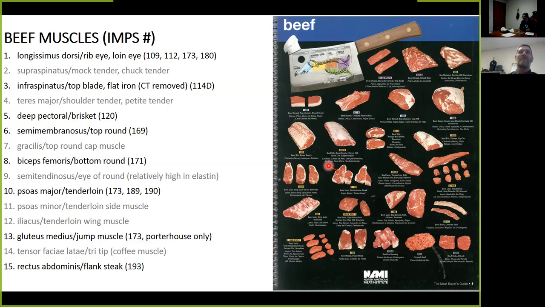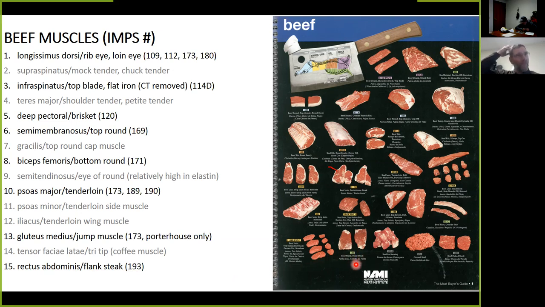And some identification schemes would use the size of this tenderloin muscle to determine if it's a porterhouse steak. I'm going to tell you that in most retail stores, they're not going to call it a porterhouse unless it has that jump muscle, that gluteus medius muscle, in it. Now, one more muscle we're going to look at, the rectus abdominis, right here, the flank steak.